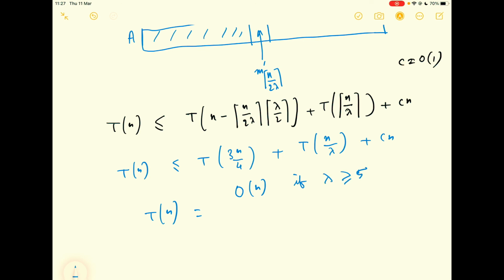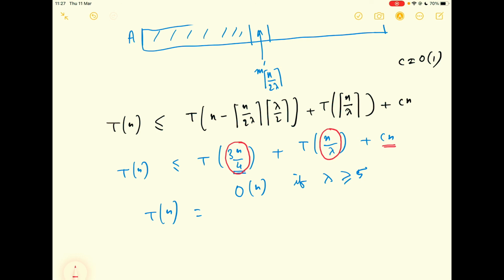If you recall, this recurrence relation appears many times, and this is order n if the sum of the parameters of the recursive calls sums up to strictly less than n, then the additive term Cn dominates and the time complexity becomes order n. So if I choose any lambda greater than or equal to 5, then I have 3n by 4 plus at most n by 5.